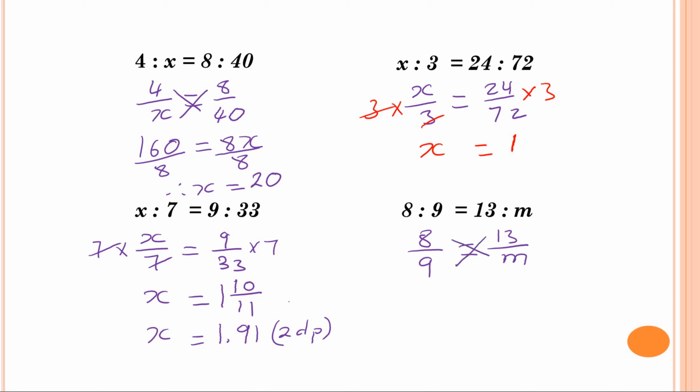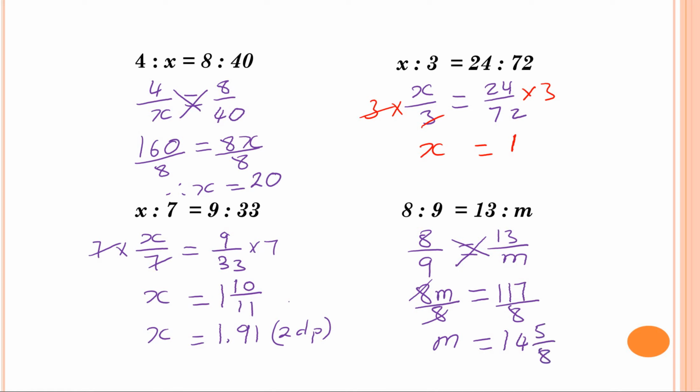See, I go this times that. So now 8 times m is 8m is equal to 13 times 9. 13 times 9 is 117. Then I divide both sides by 8, just like that. So m is equal to 14 and 5 over 8.